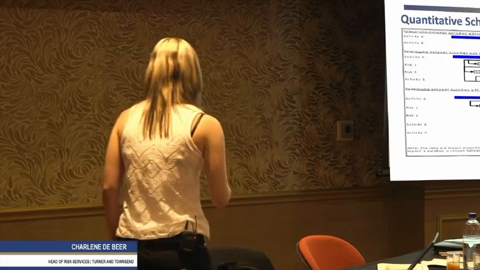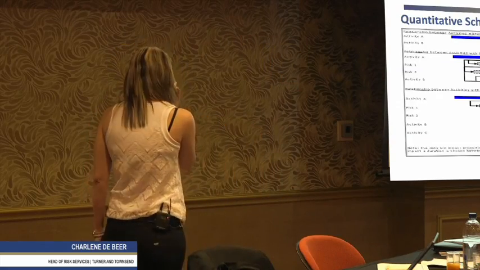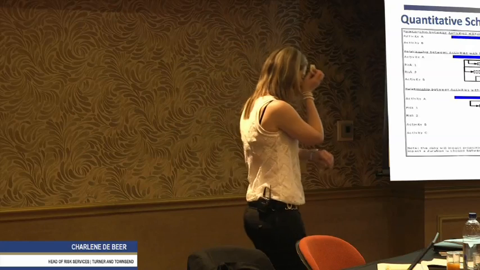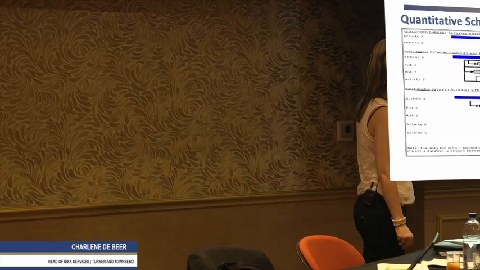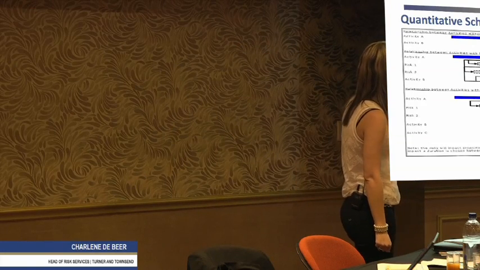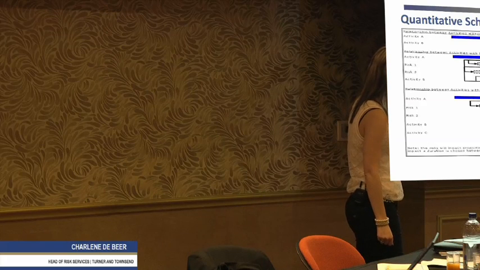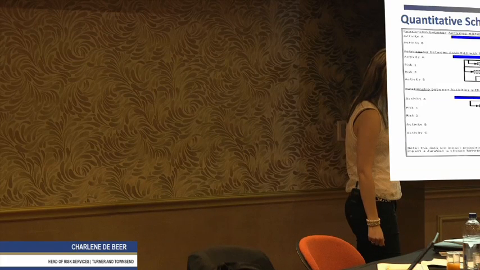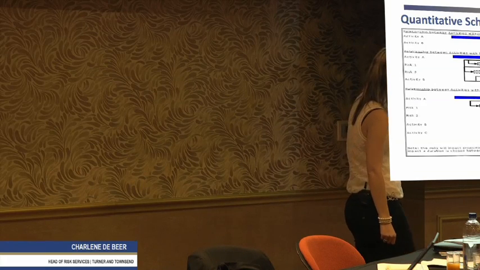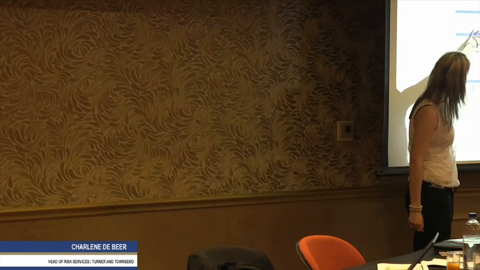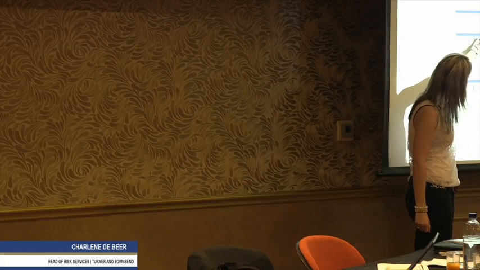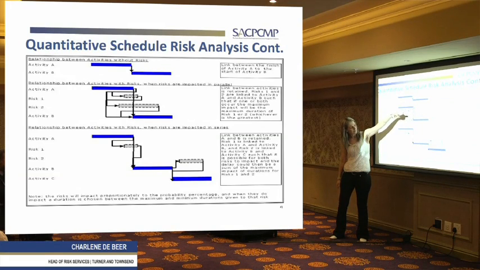If you guys get this slide and you're trying to understand schedule a bit better, this would be the one slide that I would suggest you go and have a look at. And this would tell you that activity A and B don't run parallel. They might be dependent on each other. If we start linking risks, and the two risks run here, how would it drive out the schedule time-wise?